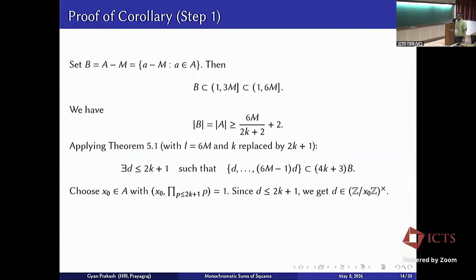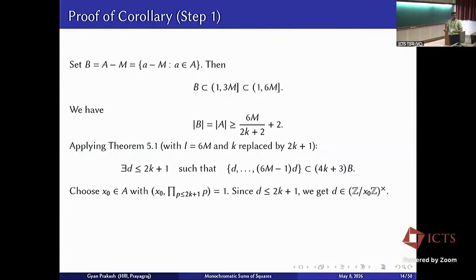So you are taking a D and then taking the multiples of how many? 6m multiples, consecutive multiples of D. That means that these multiples will cover all the residue classes modulo x naught.